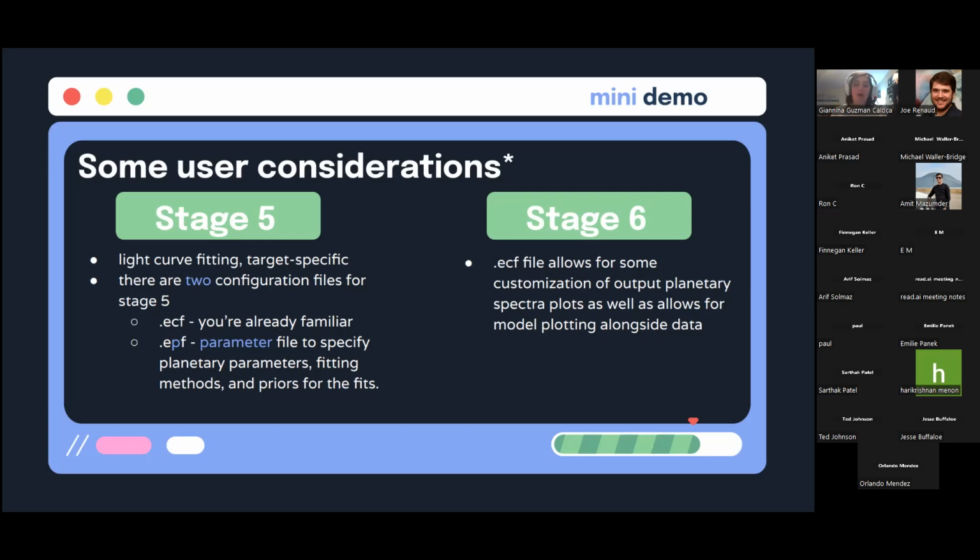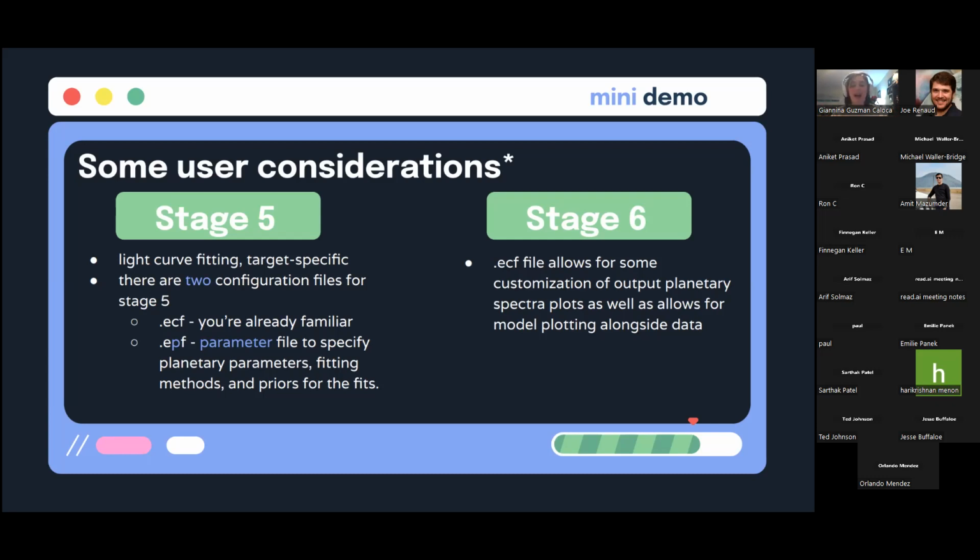Whether you want uniform priors, Gaussian priors, stuff like that is done in the EPF, whereas the ECF for stage 5 is still very technical in the sense that it's mostly how you run the pipeline, where the EPF has a lot of target specific stuff that will be useful to specify for the fitting routine.